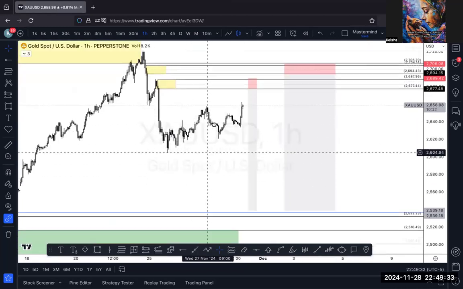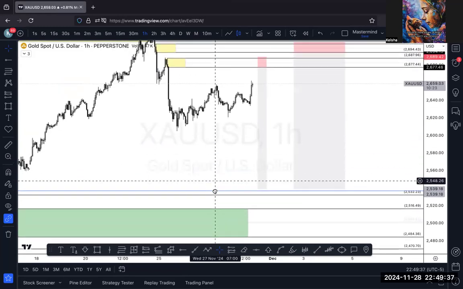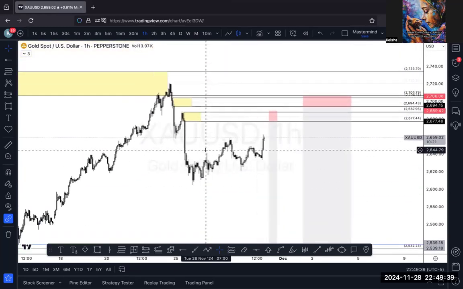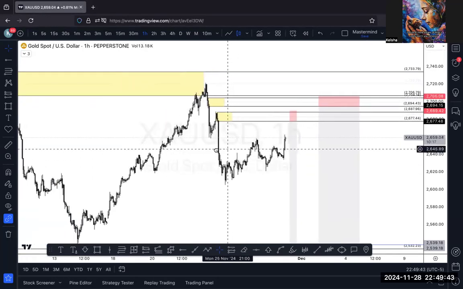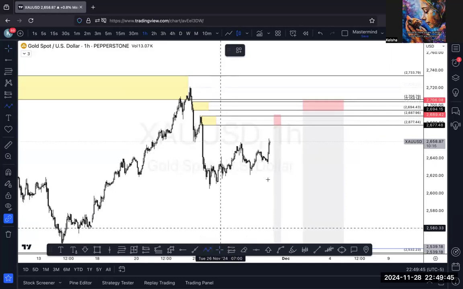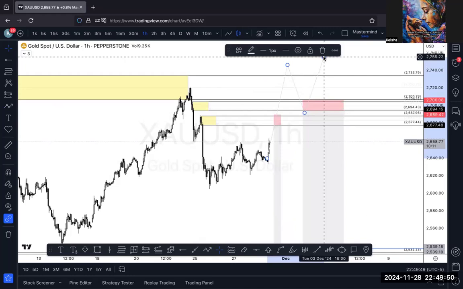Because really and truly, we want to buy at this weekly zone, weekly daily zone, but the market isn't there yet. The 4 hour is bearish, right? The 1 hour is bearish. So unless the market breaks through these zones, we could start looking for longs, because then it would be aligned with the higher time frame.